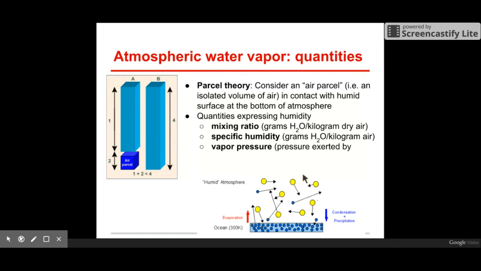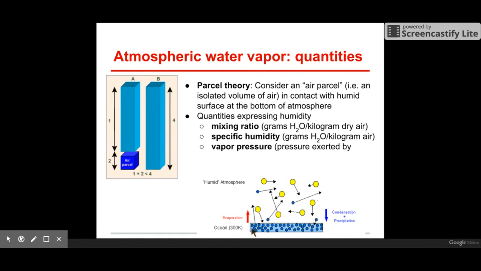If we look at this at a microscopic level or at a molecular level, that would be illustrated in this figure over here. You'll notice that within this parcel there are dry air molecules represented by the yellow, and blue. These blue little spheres represent water molecules. This is water in vapor form.